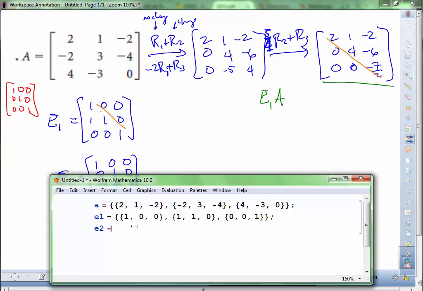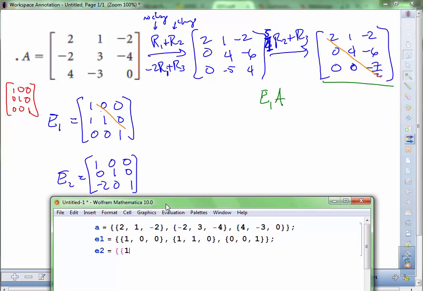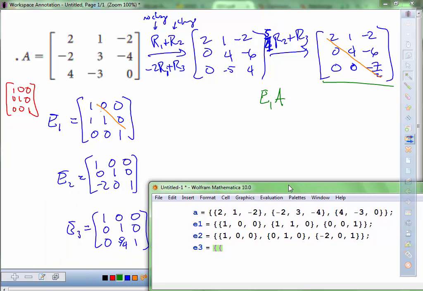So E2 is equal to 1, 0, 0, 0, 1, 0, and minus 2, 0, 1, and E3 equals 1, 0, 0, 0, 1, 0, 0, 5/4, and 1.